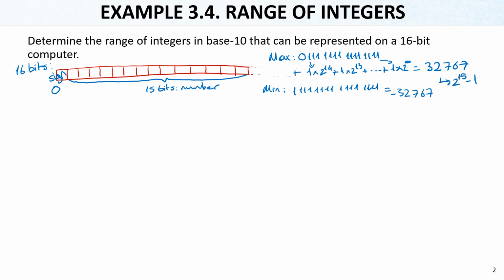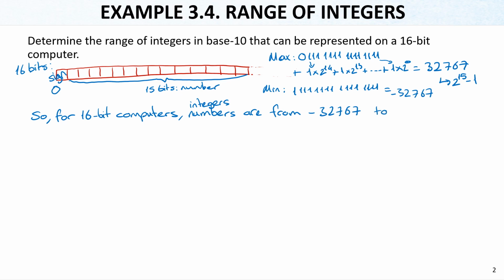So for a 16-bit computer, the range of integers is from minus 32767 to 32767. Plus, of course, we will have the 0 value. These do not include 0, and that's why we say plus 0.